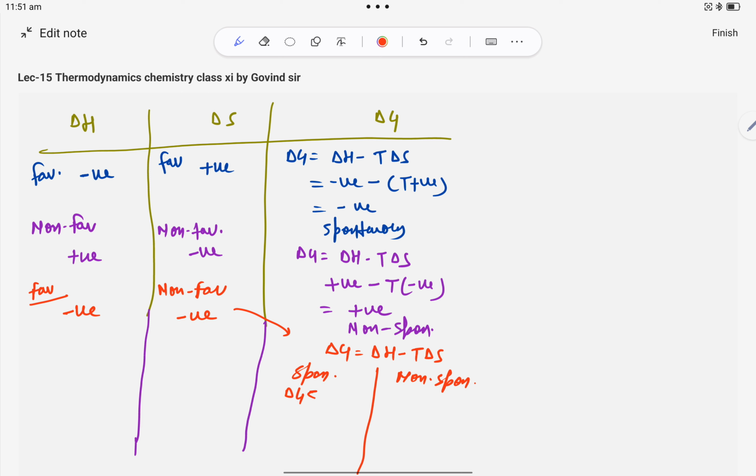Delta G is less than 0, that means delta H minus T delta S should be less than 0.